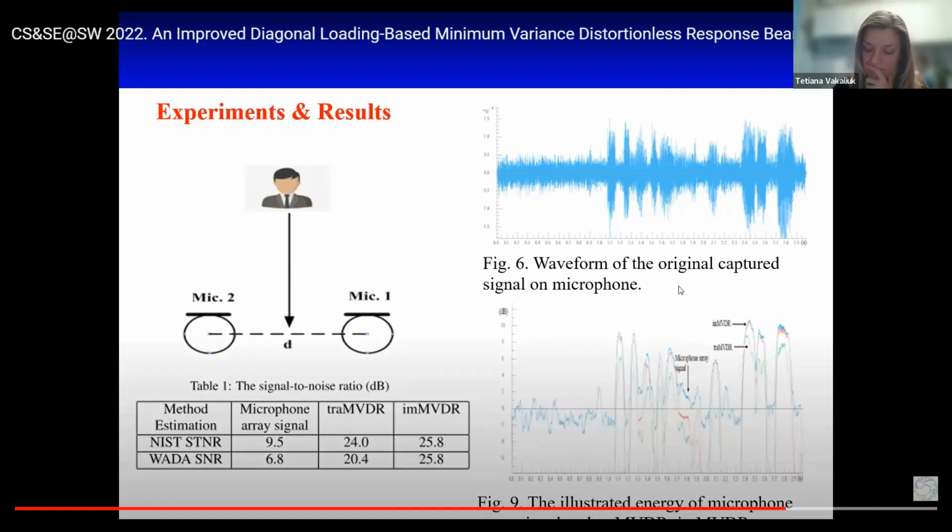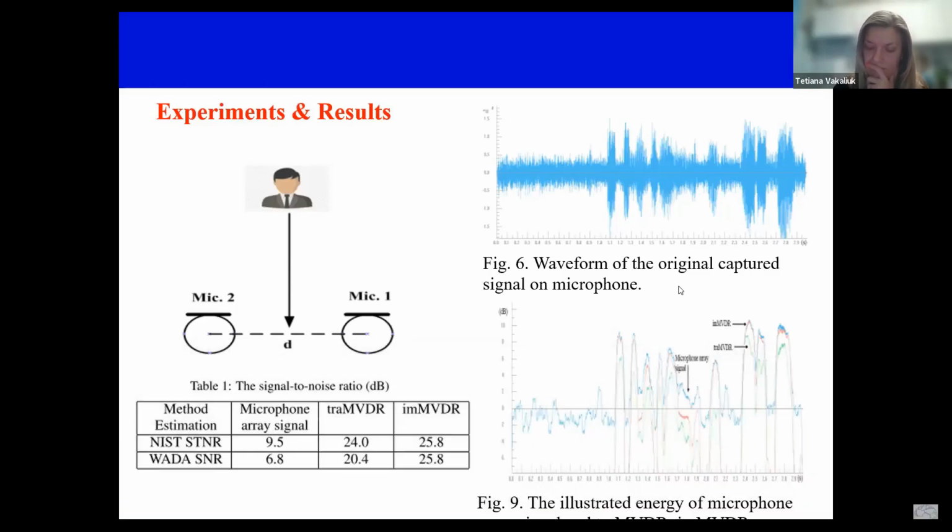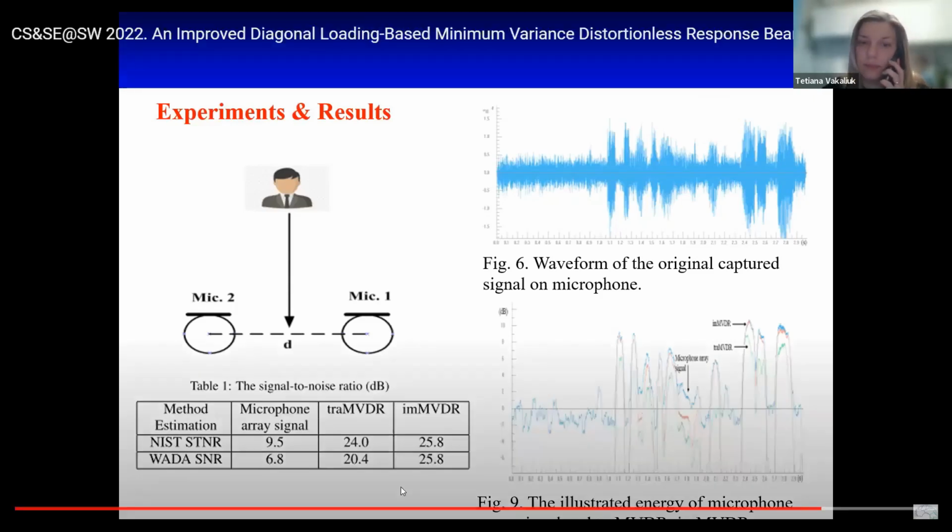Therefore, in the complex environment, the suggested diagonal loading technique has improved the performance of the MVDR beamformer and enhances the speech quality and speech intelligibility.